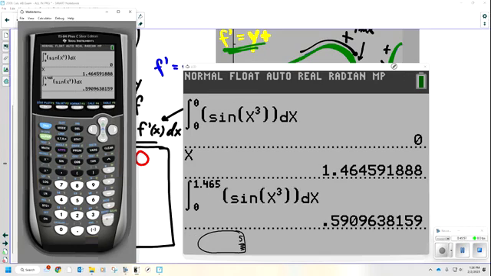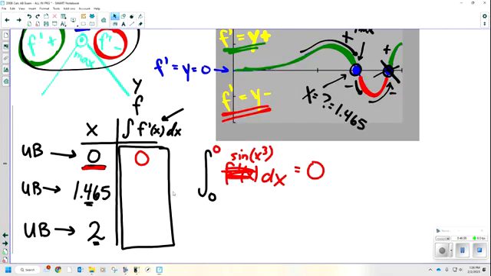So that's going to be 0.591. Okay, we're going to round that to a 1, that thousandths place. So let's go here. That's 0.591. All right. Now, if 2 gives me a bigger y value, then the max happens at 2. But if this y value is smaller, then my max would occur at an x value of 1.465.